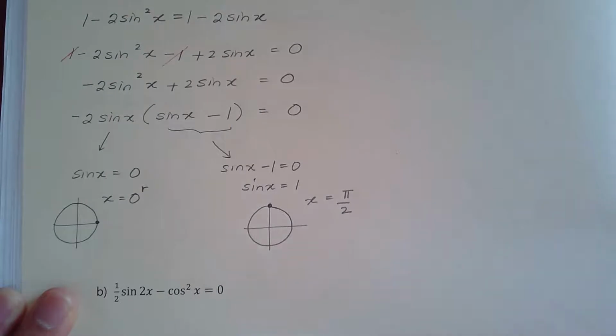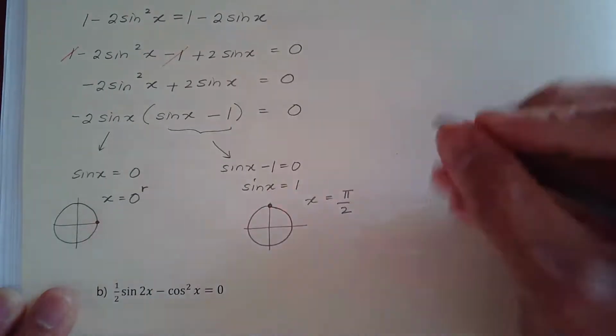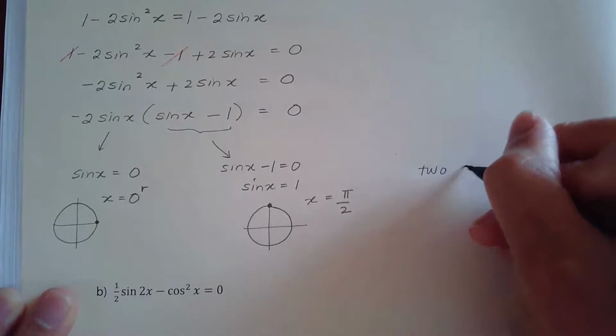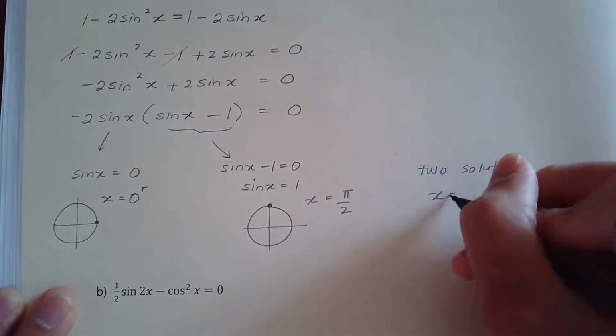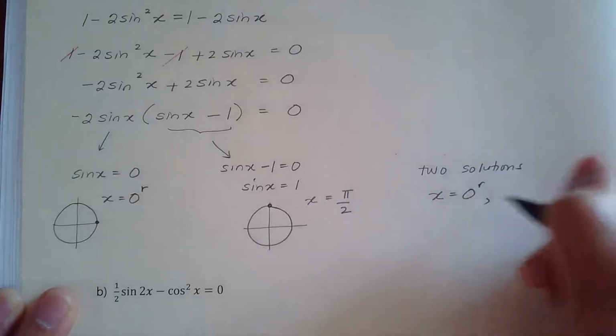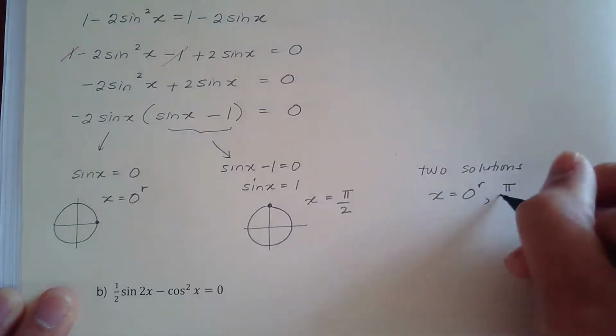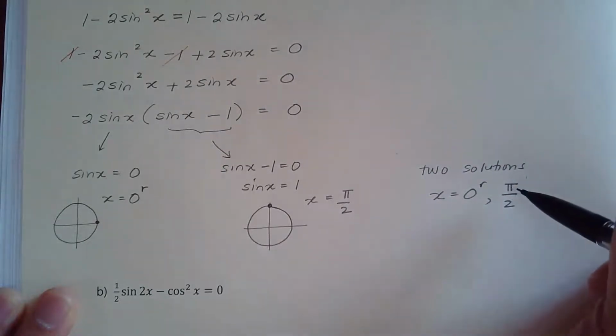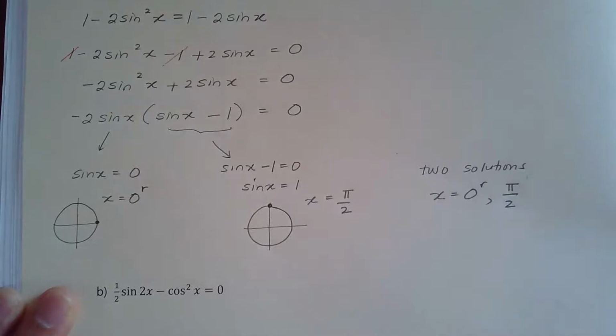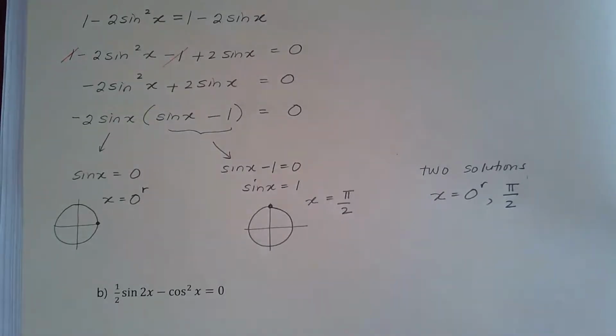Therefore, there are two solutions. x equals 0 radians, and the other one is pi halves. For pi halves, you can put radians, or you can just leave it as pi halves, because when it's pi, it's understood it's radian mode.